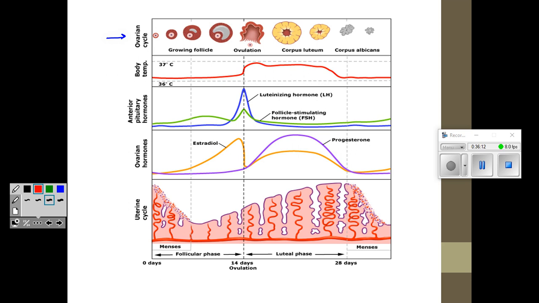Here, estradiol is the same thing as estrogen. It's the more specific chemical name, but we'll refer to them as estrogen and progesterone. Estrogen increases gradually over the follicular phase. Then it decreases, but then it starts increasing again because the corpus luteum makes it.